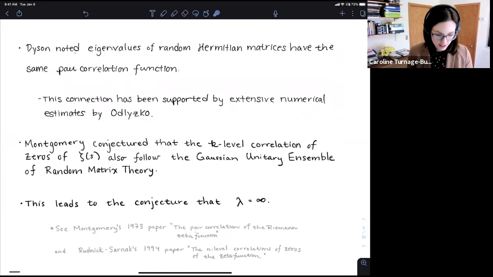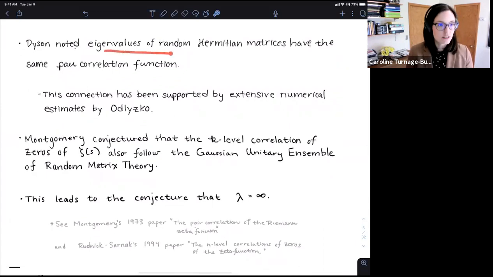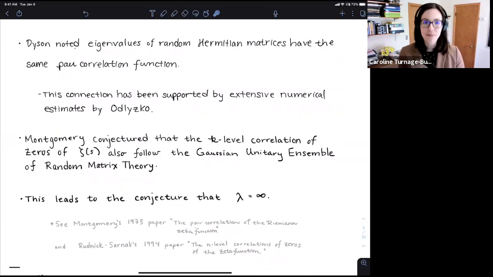And at tea, Dyson noted that eigenvalues from random Hermitian matrices have the same pair correlation function. So this connection has been supported by extensive numerical estimates by Odlyzko, but it's still a conjectural connection.